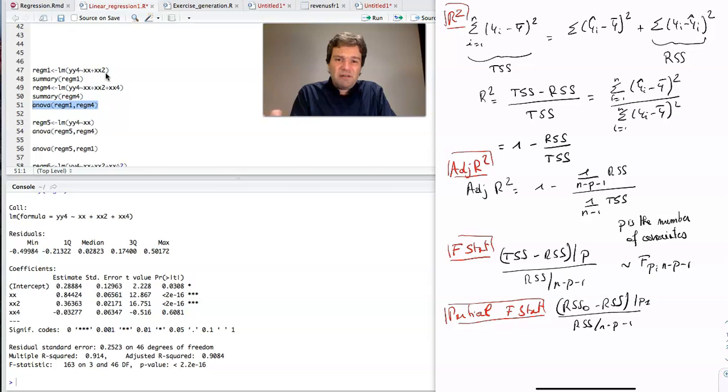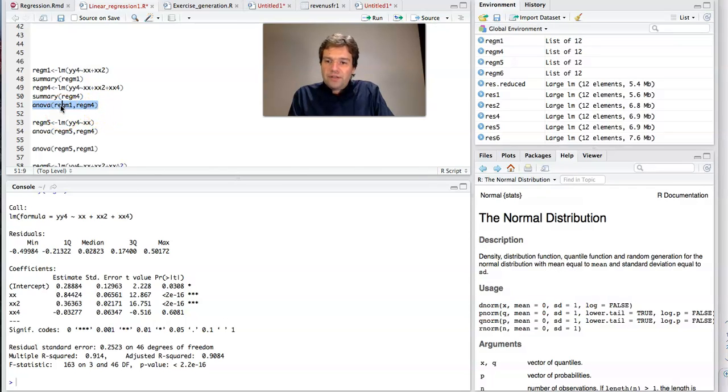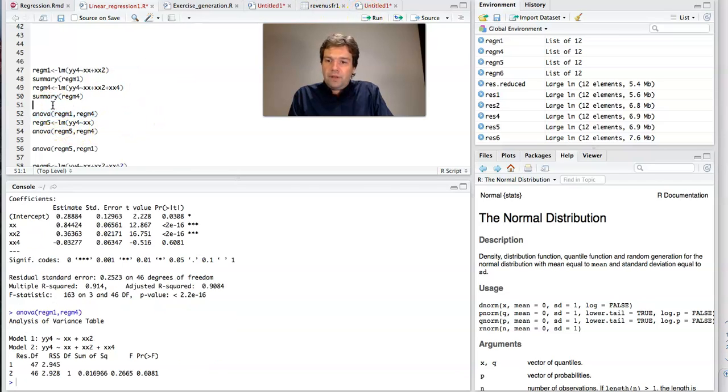Clearly, they explain something. They have something to do with the income. And regm4 is the model where we introduced in YY4, in the income, age, education level, and height of the individual. That means x64 doesn't mean anything. And I'm going to run this function, ANOVA regm4, here. I'm running it.